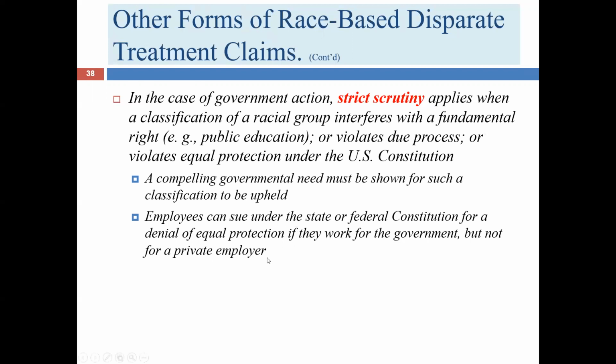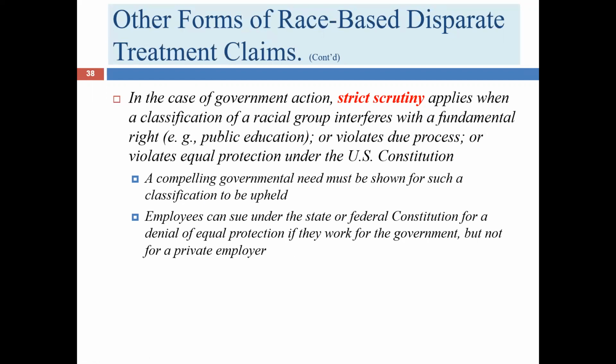Let's look at these two buttons here. A compelling government need must be shown for such a classification to be upheld. So a compelling government need. Also, the least restrictive of the ways of responding to that need have to be part of the plan, so it has to be the least restrictive.